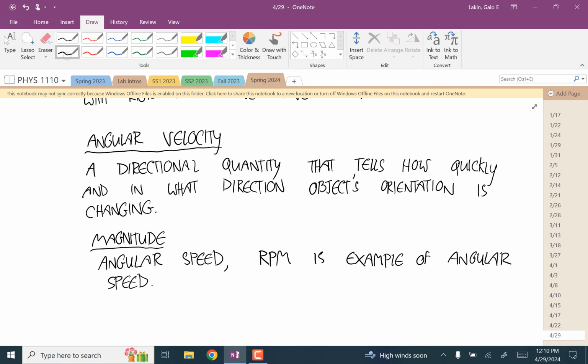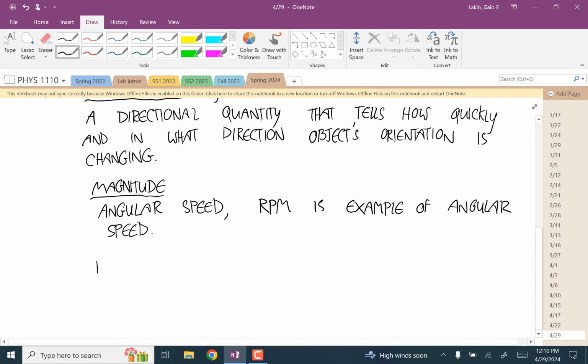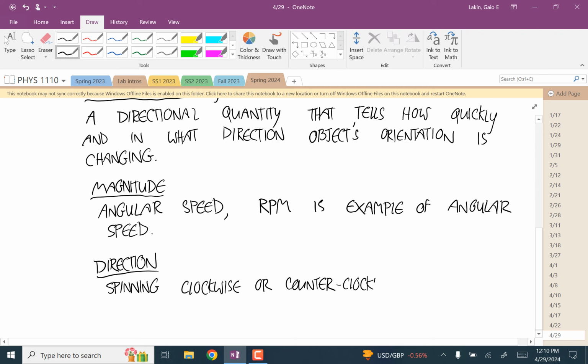And then the direction of the angular velocity tells you, is it spinning clockwise or counterclockwise? If you had to choose which one of those you'd call positive and which one you'd call negative, you definitely pick clockwise positive.